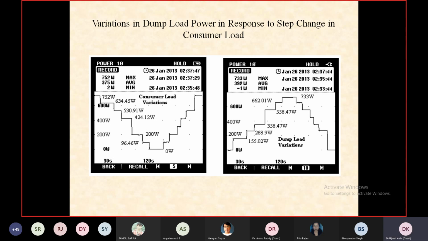And when consumer load increases, the dump load decreases. Here we have taken the system frequency as a feedback variable. So this variation corresponds to maintaining the system frequency. And if the system frequency is maintained constant, system voltage will be maintained automatically. And if system voltage is maintained constant, the reactive power requirement of the system will become constant. Okay.